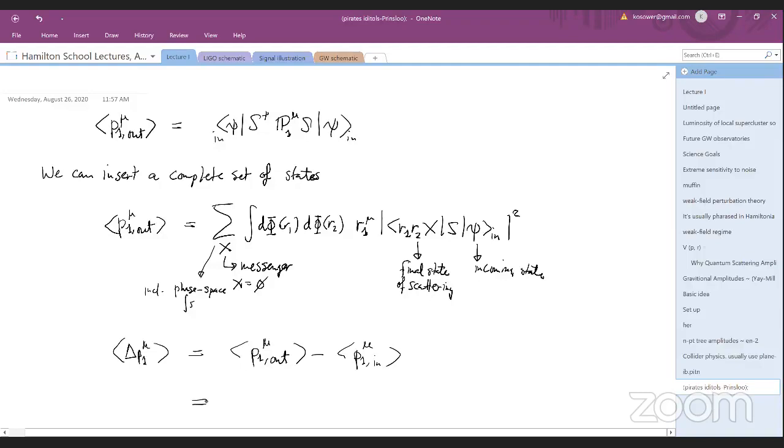We don't need to put in any additional scattering. So again, we can just write it in terms of our S matrix, our momentum operator for particle 1. And we just subtract off the incoming momentum. I may get tired of writing the in subscript, so if I drop it, it should be understood to be there implicitly.